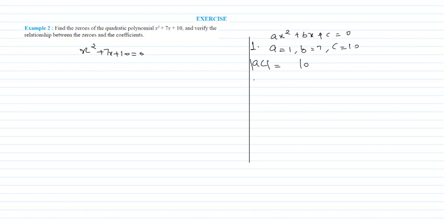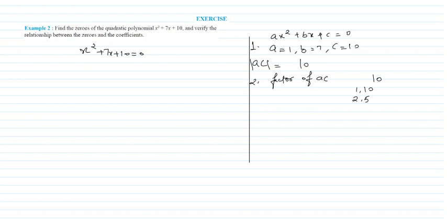In the second step, we find the factors of AC, so we find the factors of 10: 1 and 10, 2 and 5.